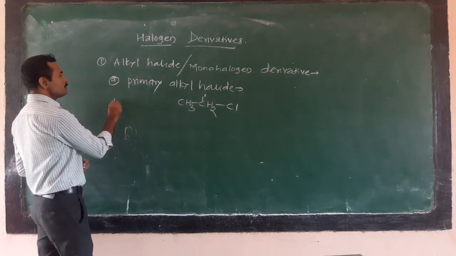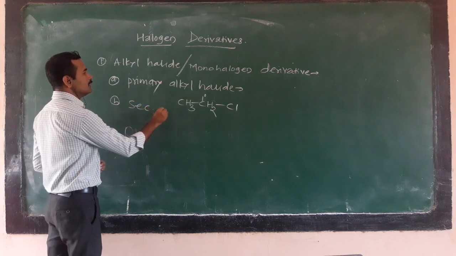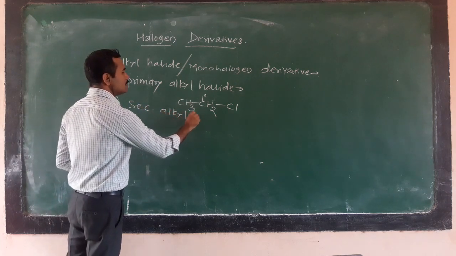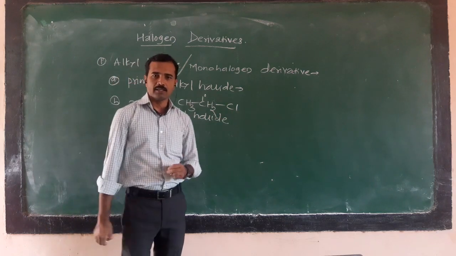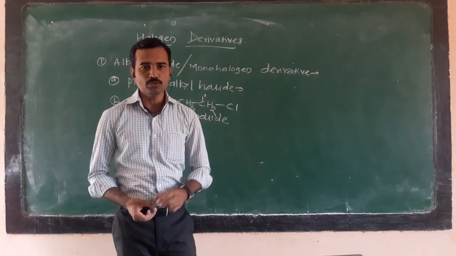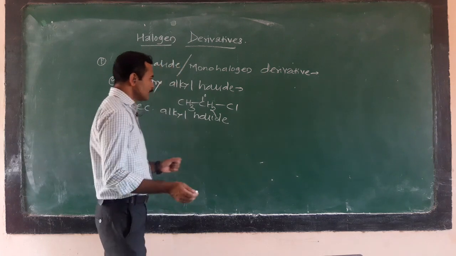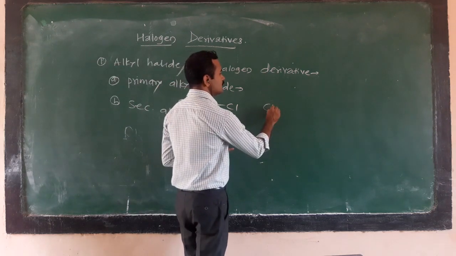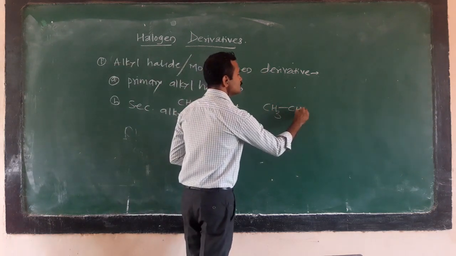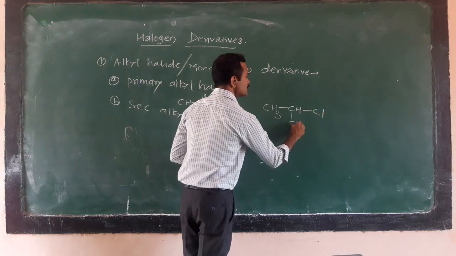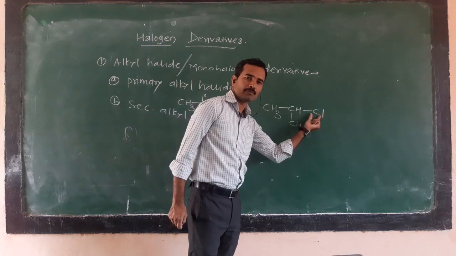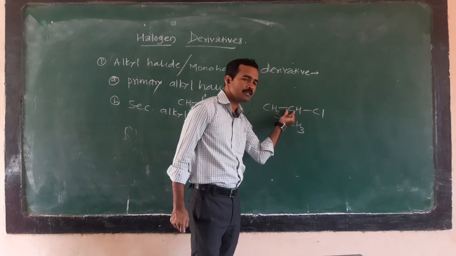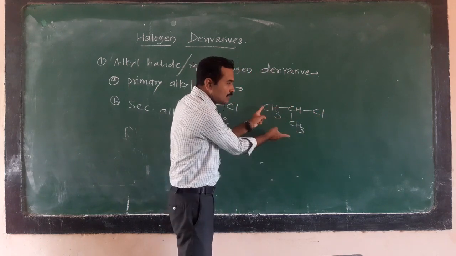Then next one is secondary alkyl halide. When a halogen atom is attached to a secondary carbon atom. For example, here we write CH3CHClCH3. Now what happened here? Chlorine, the halogen functional group, is attached to this carbon, and this carbon is attached to another two carbons.